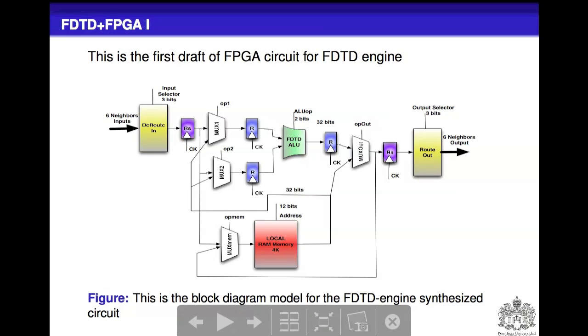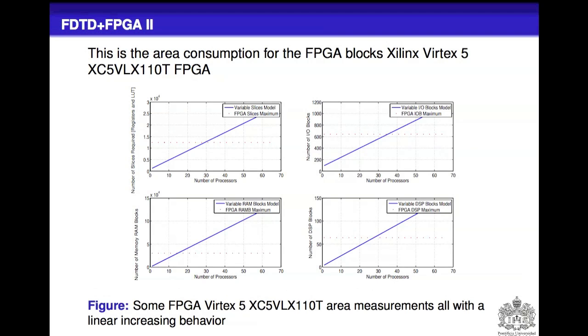This is the most important in terms of the FDTD. And these registers obviously limit our advantage in terms of FDTD implementation, but give us the possibility to decrease the number of blocks at the end of the implementation. Then, if we measure these area blocks, the most critical kind of block is the number of memory RAM blocks.